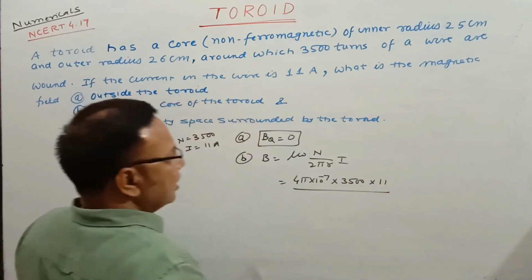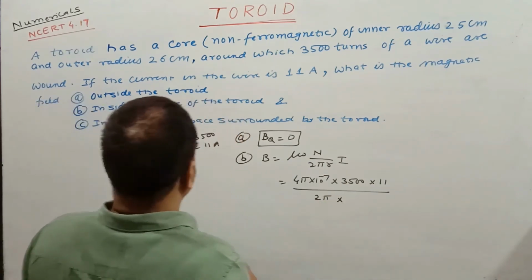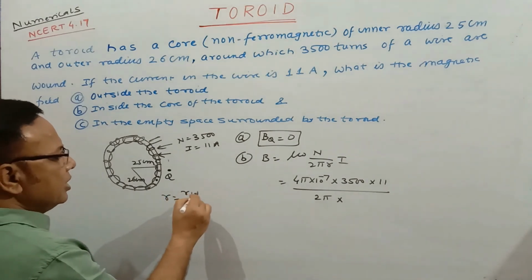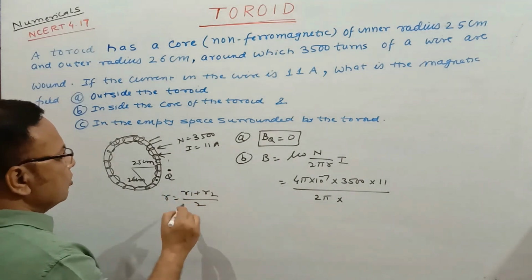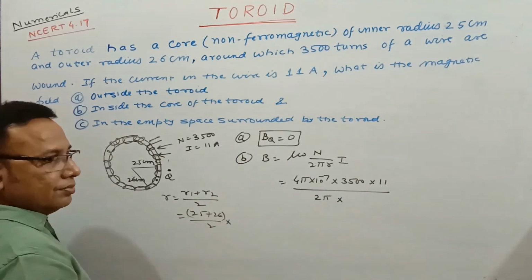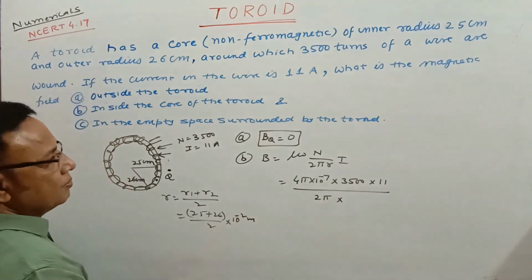Here the inner and outer radii are given, so we first find the mean radius. The mean radius is 25 plus 26 divided by 2 into 10 to the power minus 2 meter in SI units.